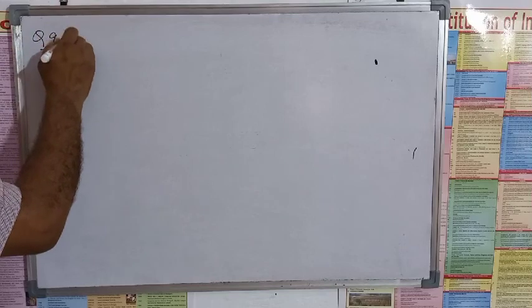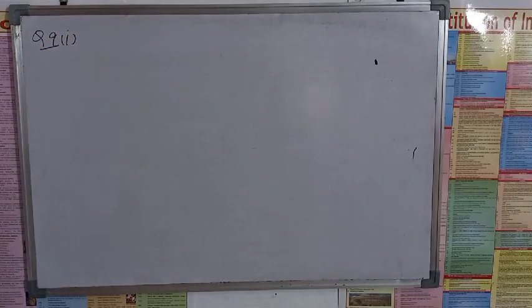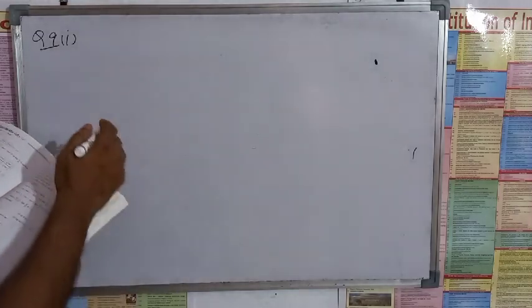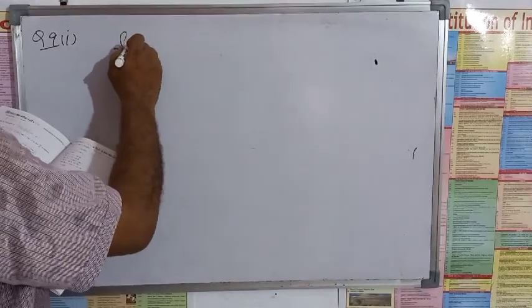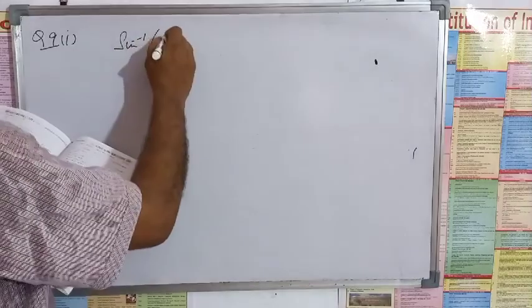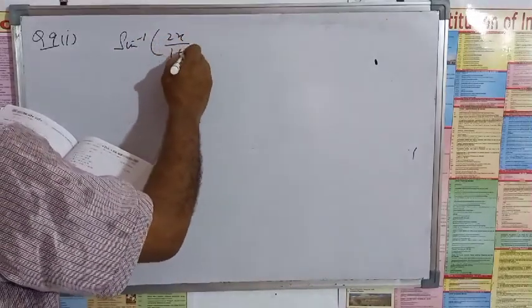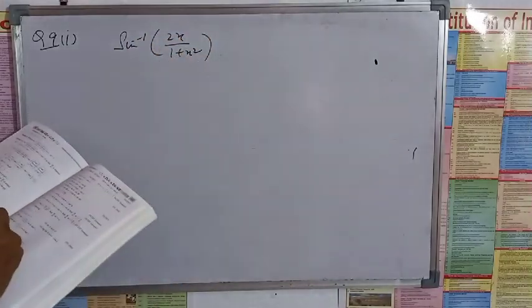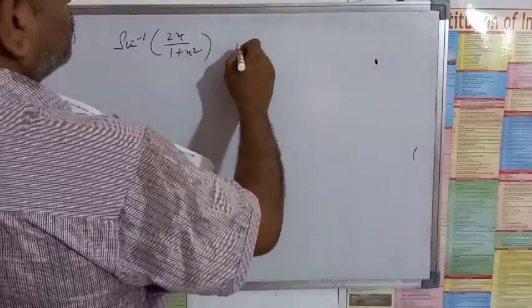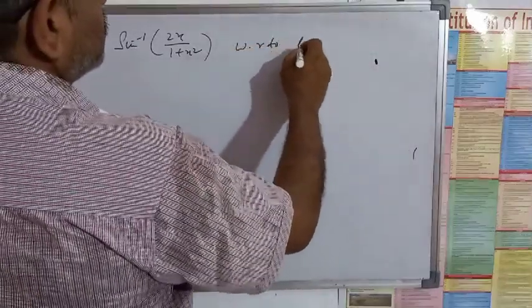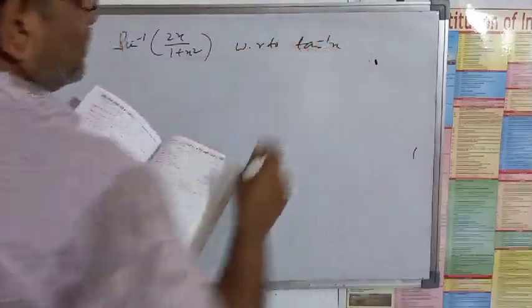We have to differentiate sine inverse 2x upon 1 plus x square with respect to tan inverse x.